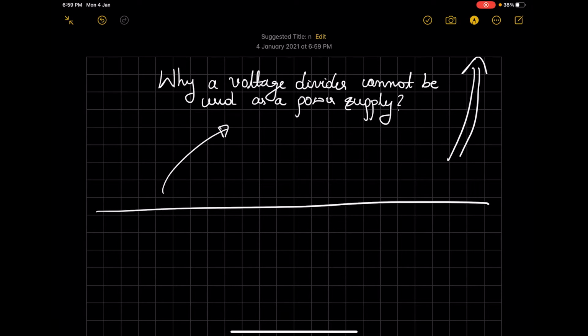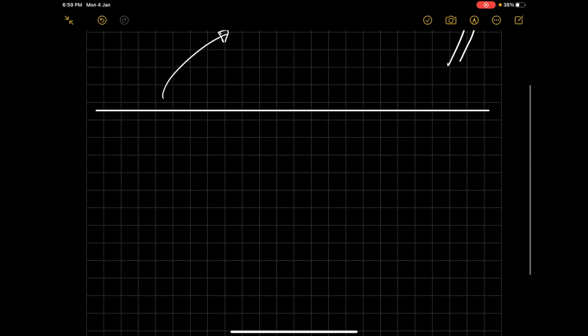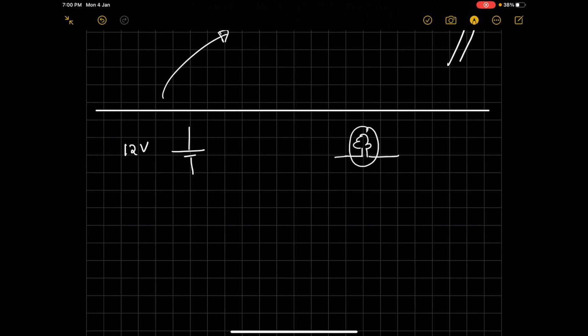Let me take a practical example to answer this question. You have a 12-volt battery source and you have a bulb, a small DC bulb, which can operate on 5-volt supply.